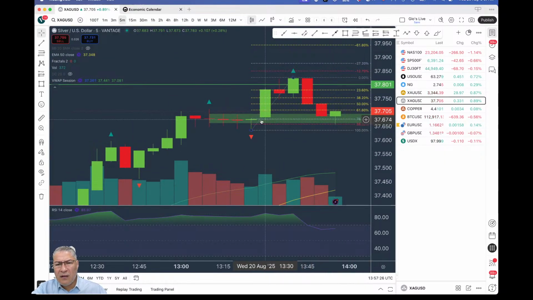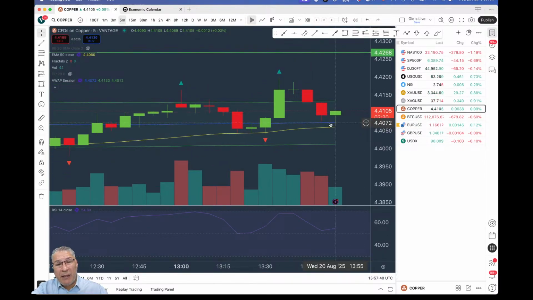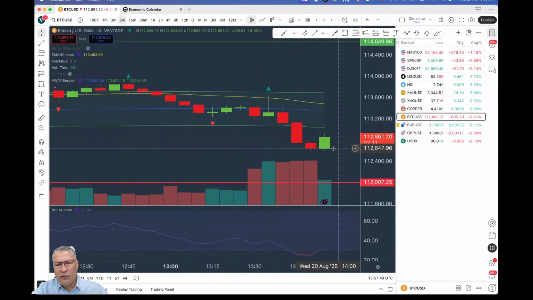Silver, so we rebound off the red level, so 37.85. Bouncing up the VWAP towards the upper band, so that'll be for copper, to be long, sorry.